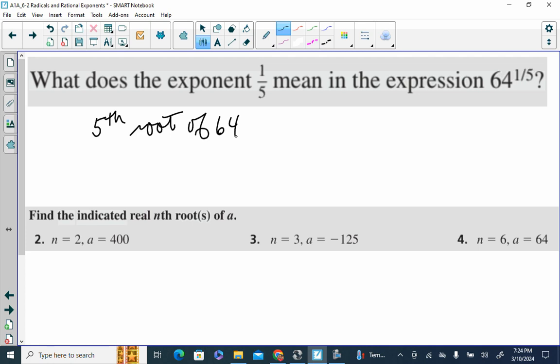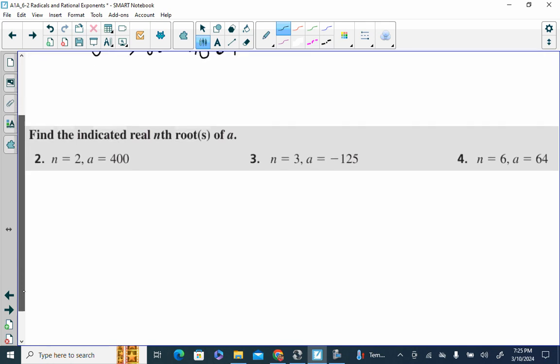Is that 2? Let's see. 2 times 2 is 4, times 2 is 8, times 2 is 16, times 2 is 32. So I don't know what the fifth root of 64 would be, but it's not going to be an integer value here. But they're just asking, what does that expression mean? And it means we want the fifth root of 64.